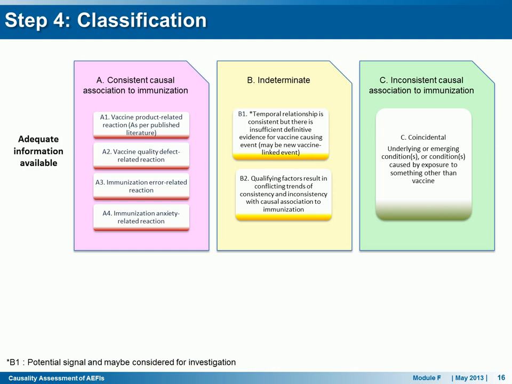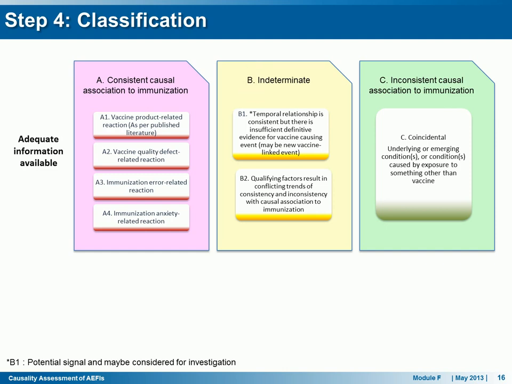Now, if we have adequate information available, then we go back to the algorithm and look for the trends. From the algorithm, we will be able to determine if it is a consistent causal association to immunization, an inconsistent causal association to immunization, or indeterminate.